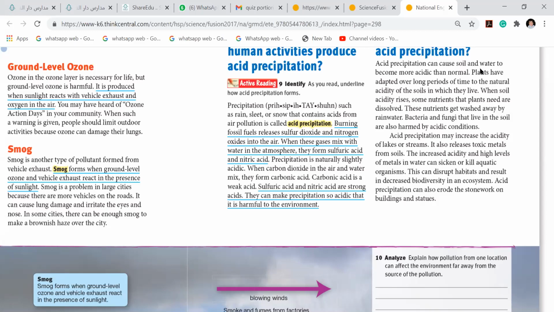Yeah. What do you call it in Arabic? Yes, girls, anyone? What do you say in Arabic for acid? Miss, I don't know in Arabic. You don't know about it? Okay. Let me check here.